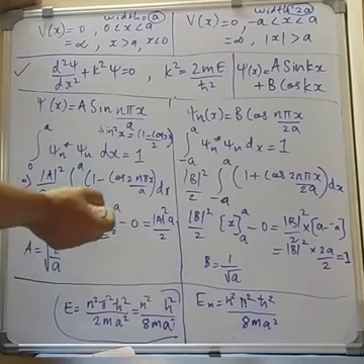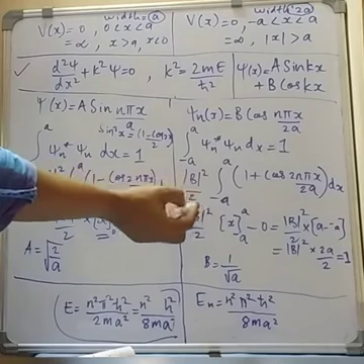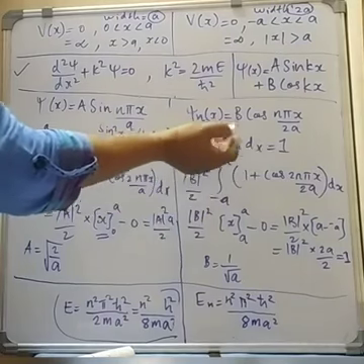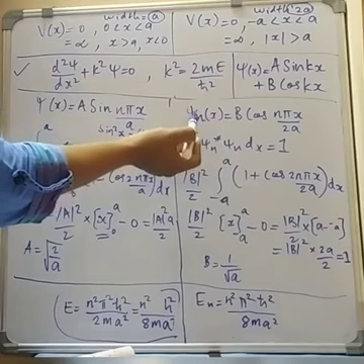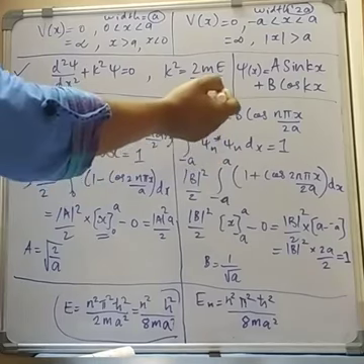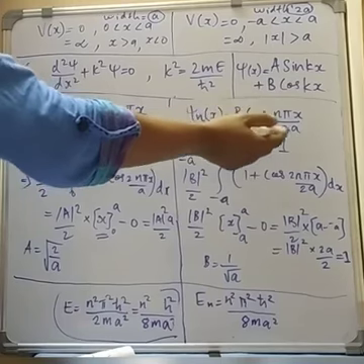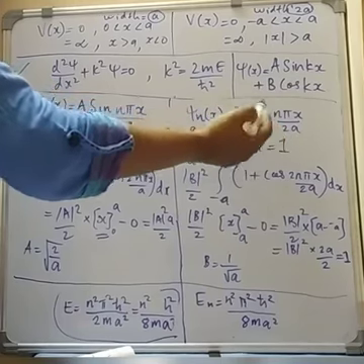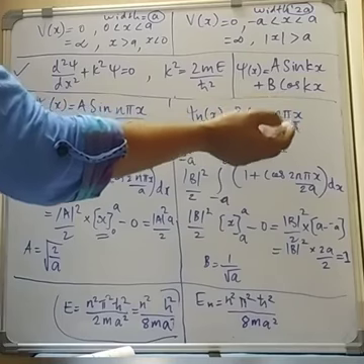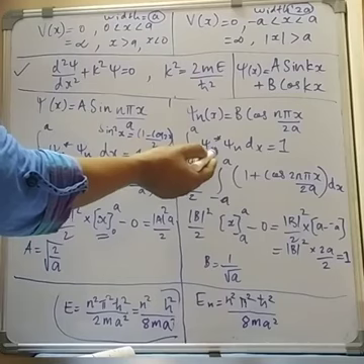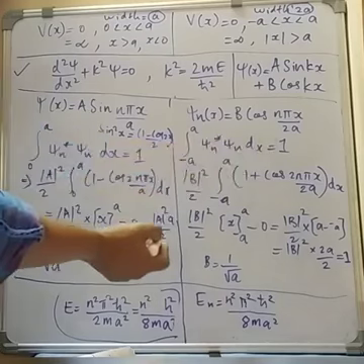But when we have width 2a, normalize it. This is the first case, that is for the odd values, b cos n pi x by 2a. If we normalize both the cases, odd or even values will have the same constant. So the integral from minus a to plus a of psi n star psi n dx is equal to 1.